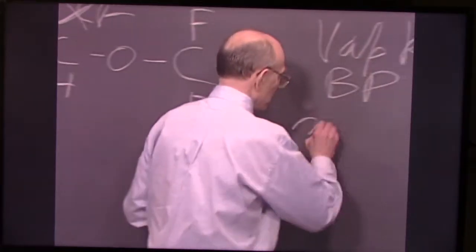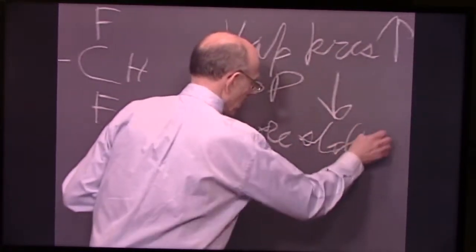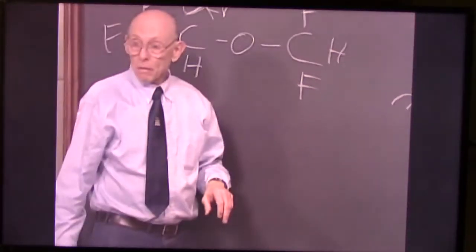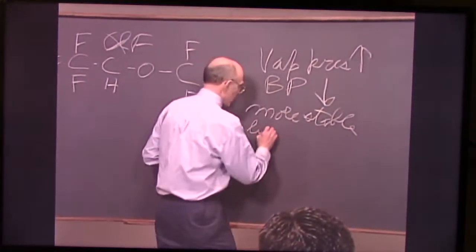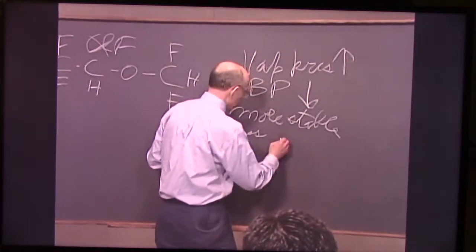It's less biodegradable. It's more resistant to degradation, so it's more stable. And maybe less toxic because of that. And we'll get into that in our discussions of hepatotoxicity and nephrotoxicity.